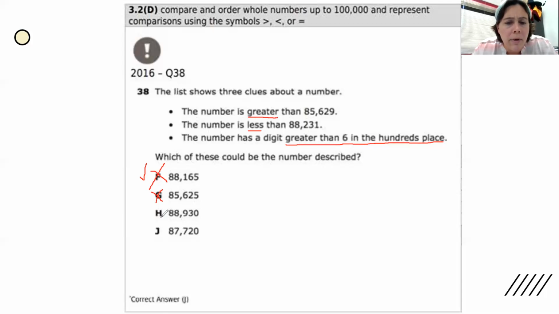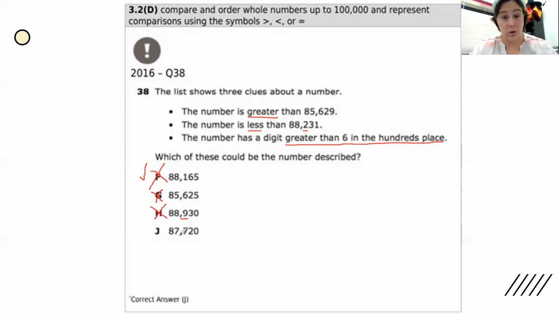The hundreds place value is really big compared to this, and according to this clue, we have to be less than this. This is overboard, so we have to exit out. So that leaves J to be our answer.